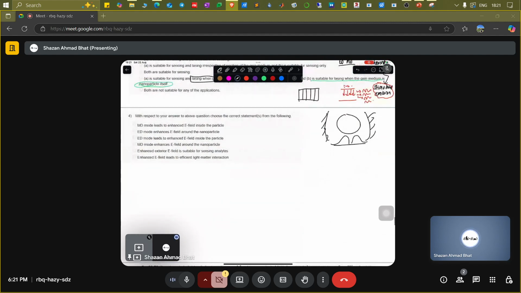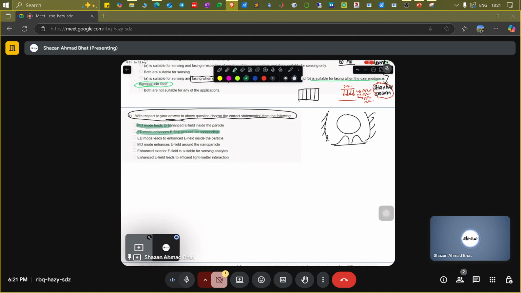And with respect to your answer to the above, choose the correct statement from the following. The MD mode leads to enhancement of the electric field inside the particle. The ED mode enhances the electric field. Yeah, the electric dipole enhances the electric field.